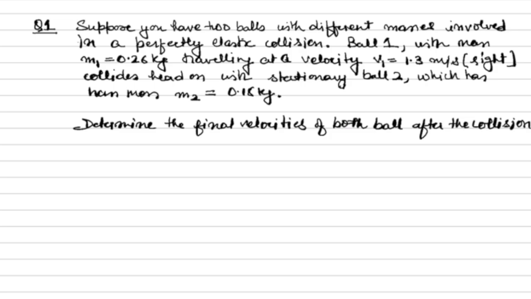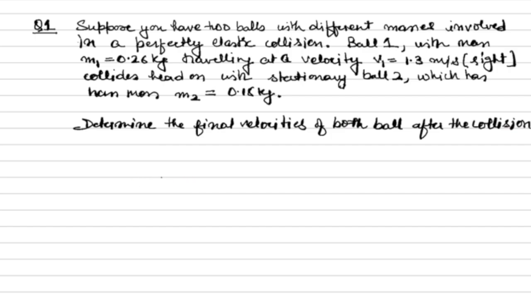So let us understand collisions by a simple example, numericals. That's the best way to understand these concepts. Suppose you have two balls with different masses involved in a perfectly elastic collision, which means the kinetic energy will be conserved. Ball 1 has a mass of 0.26 kg.